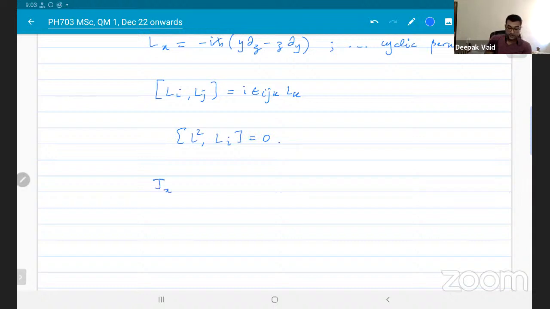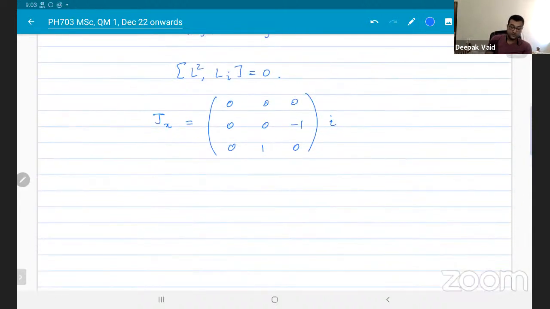So Jx we had defined as 0, 0, 0, 0, 0, minus 1, 0, 1, 0, right? Something like this, with some constant coefficient, whether i or something like that. What did this give us?